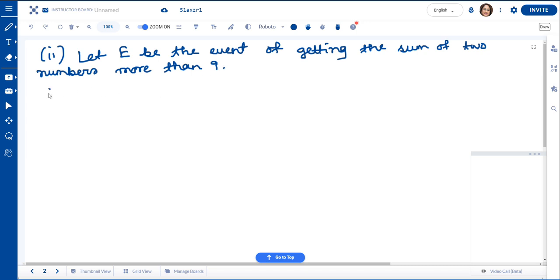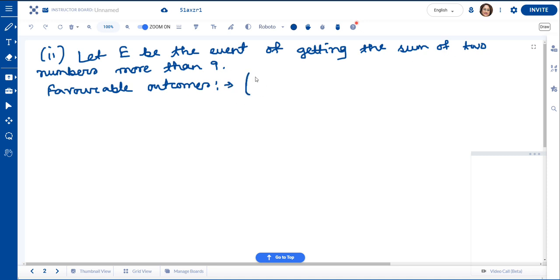Now let us check the favorable outcomes. The sum of the two dice will be more than 9.